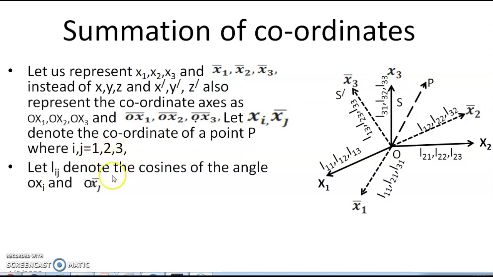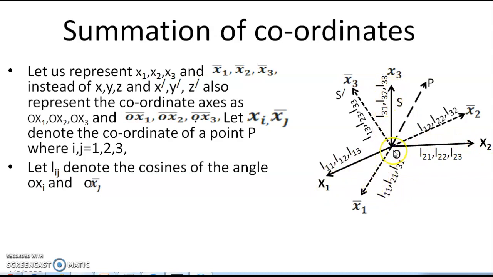Okay. And Lij denotes the cosines of the angle between oxi and oxj bar. So we have two coordinate systems, S and S dash again, but in this case, instead of writing x, y, z, we are writing just x1, x2 and x3.